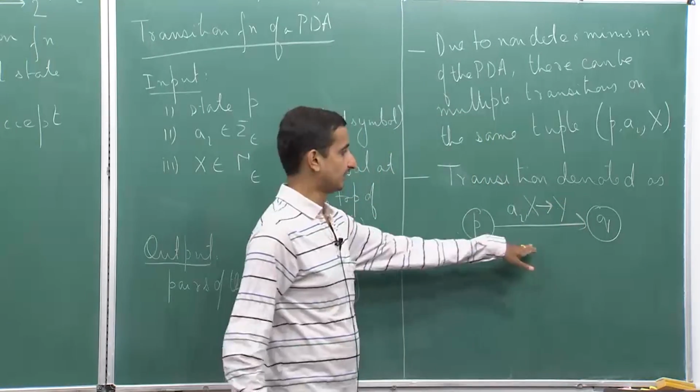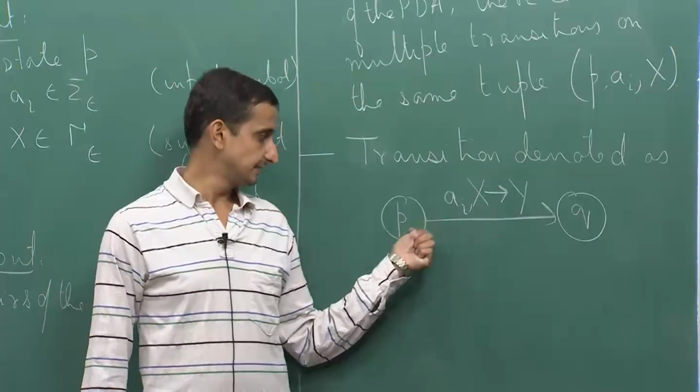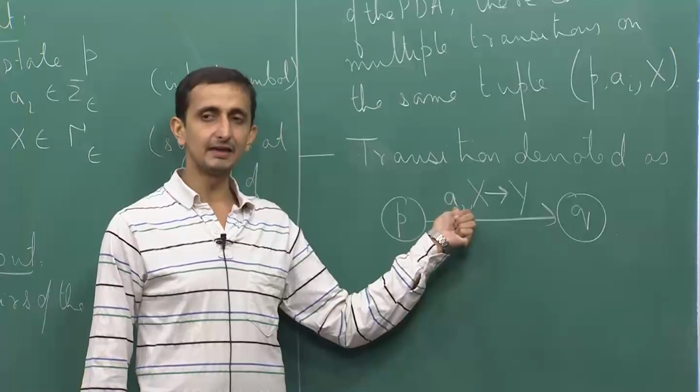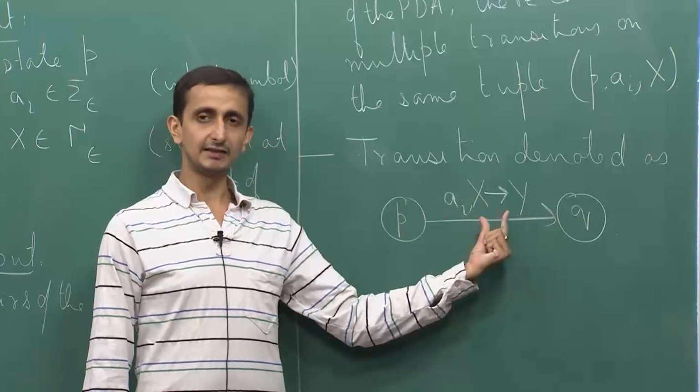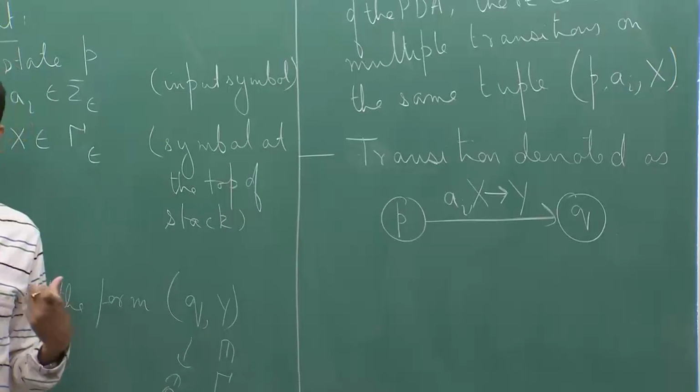So, in finite automata we had just p to q on a symbol ai, but now we have this additional thing to represent the behavior of the stack.